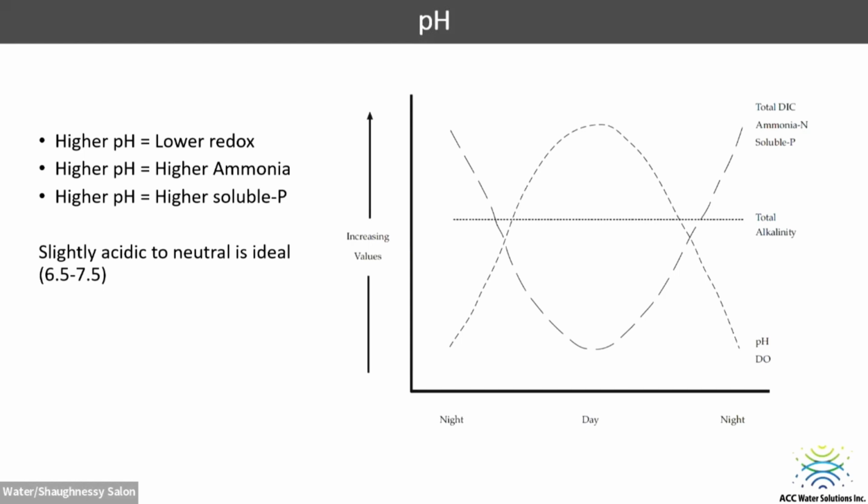Unionized ammonia, NH3, is the toxic form; NH4+ is not toxic. If you have a high pH, NH4+ converts into unionized ammonia. If you have a low pH, your ammonia is in the NH4+ form. So the concentration of toxic ammonia in your water body is directly related to the pH.